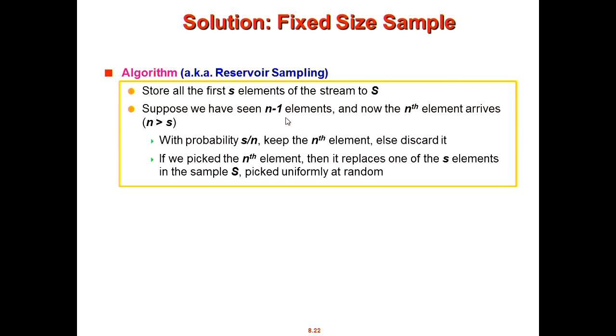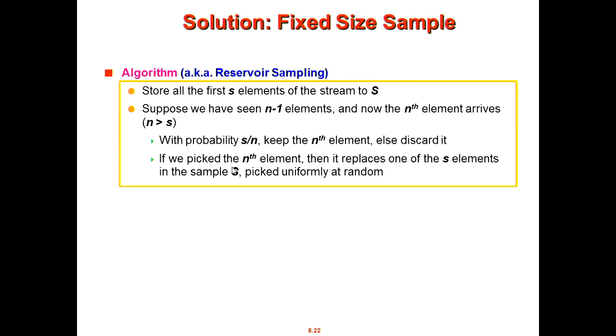Suppose we have seen n-1 elements, and now the nth element arrives, okay? So n is larger than s. So we have seen more elements than the sample set size. And with probability s divided by n, we keep the nth element, and otherwise it is discarded. So with this probability, we keep the new element.